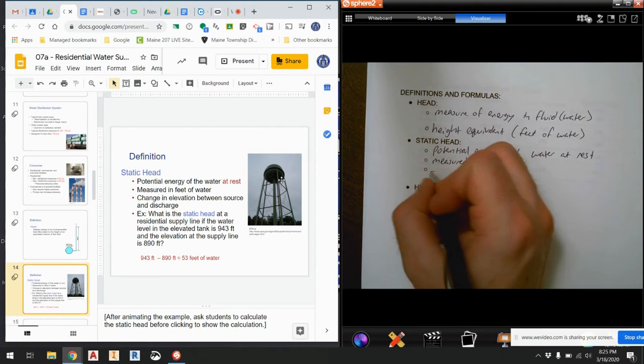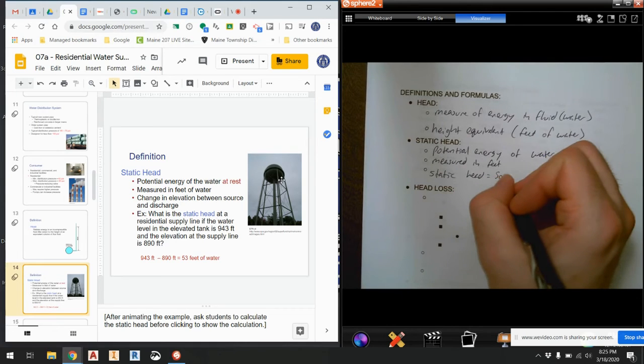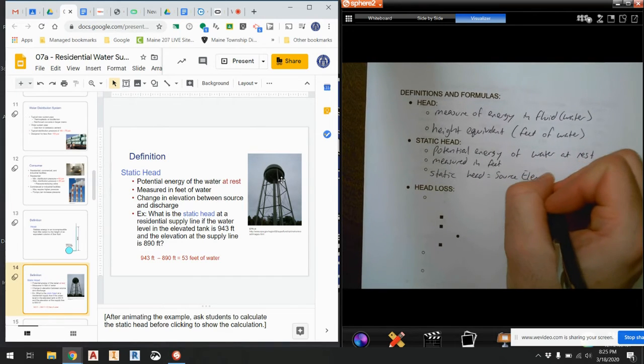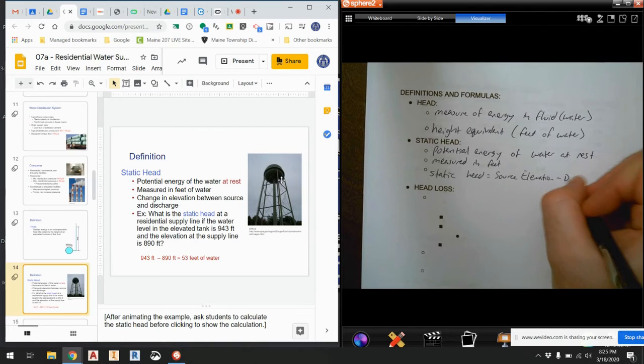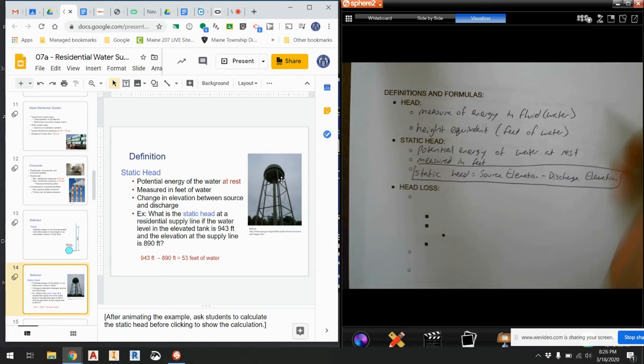And the static head is equal to source elevation minus discharge elevation. All right, so the easiest way to explain that is, for example, we have one of these water towers right here, and the pipe comes down, and say there's a little spigot right here.